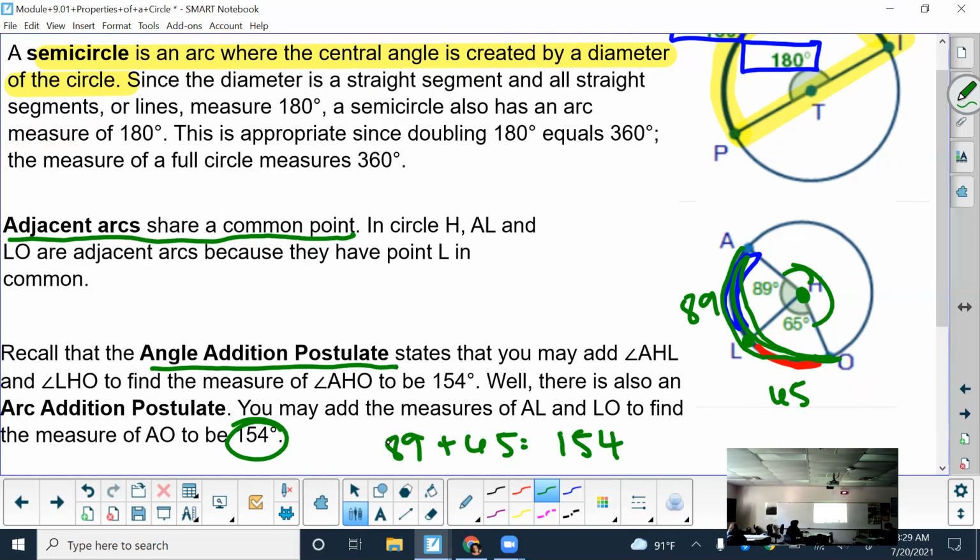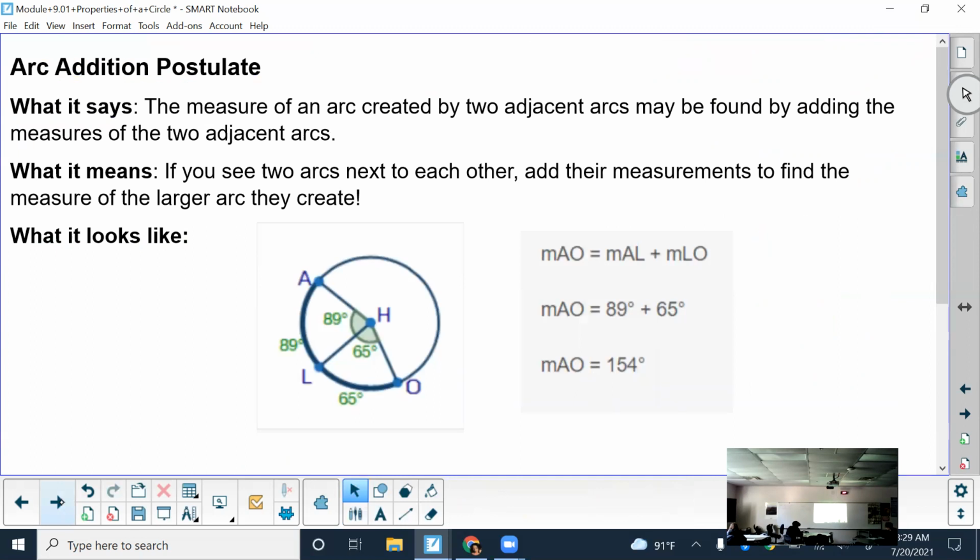All right, next page we have the arc addition postulate. What it says is what I would highlight. The measure of an arc created by two adjacent arcs may be found by adding the measures of the two adjacent arcs. So that's the same thing I drew on the page before.